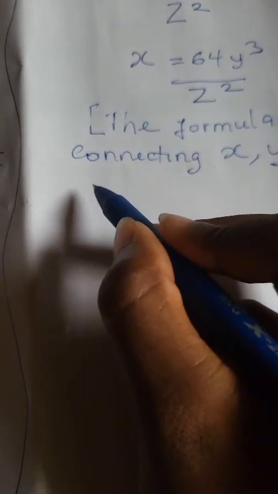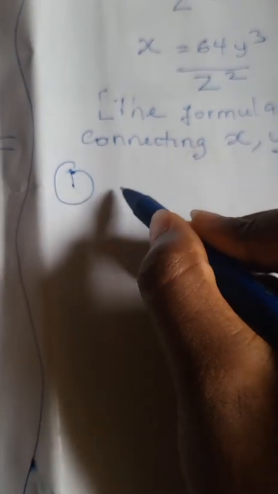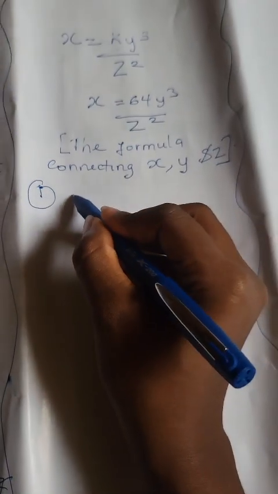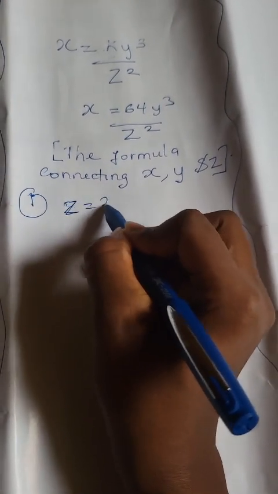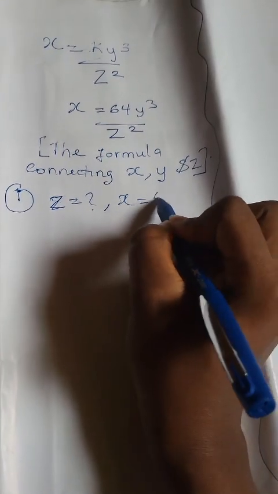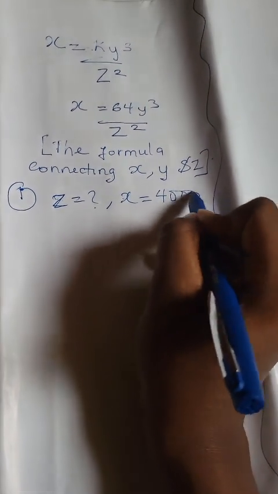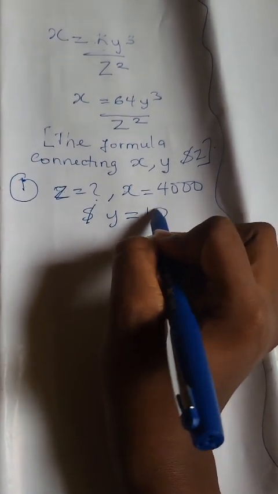Yes. So let me name that one as I. We should find z. That means we don't know our z, when x is equals to 4,000 and y is equals to 10.